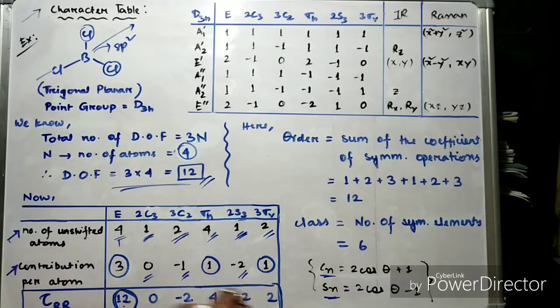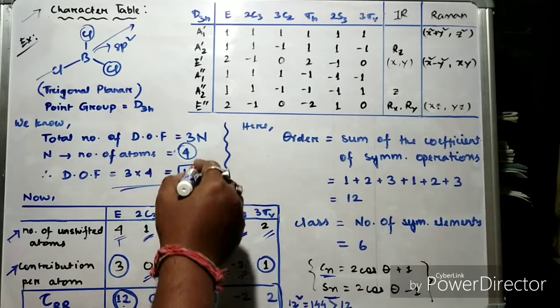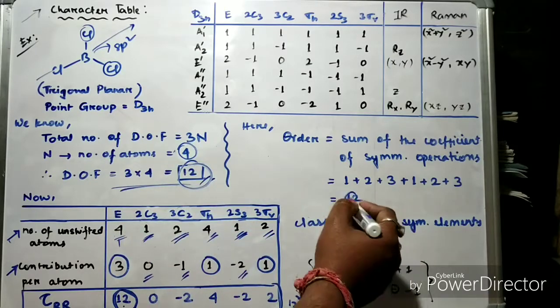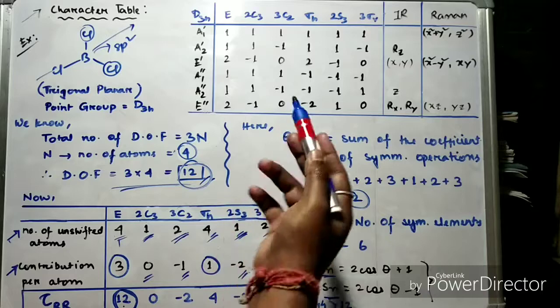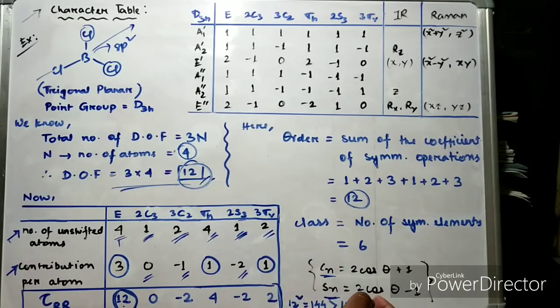Always keep in mind that we have to square the value under E, that is 12. 12 squared is equal to 144, and it is greater than 12, which is the order of the character table. So if the square of this value is greater than 12, then only this will be the reducible representation.